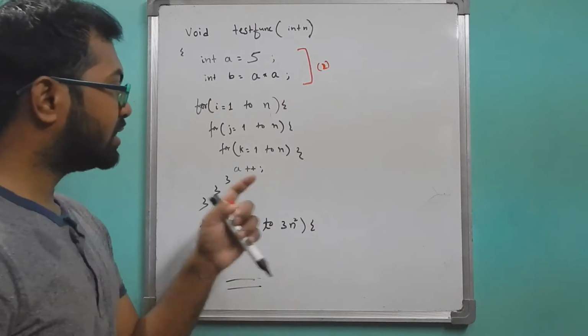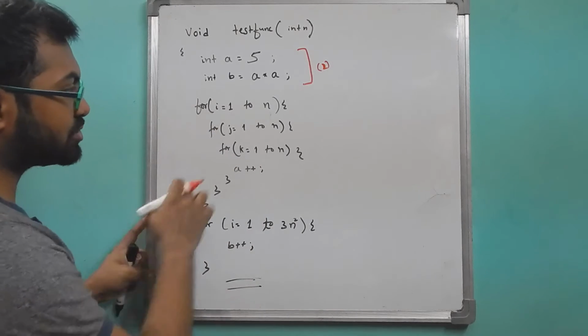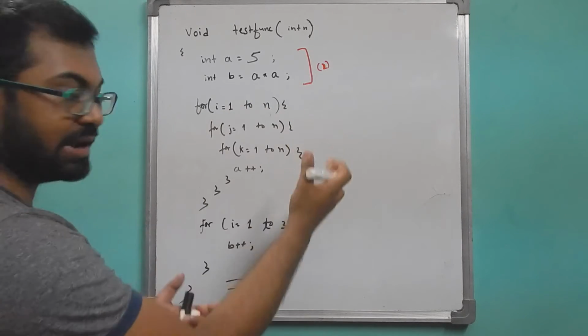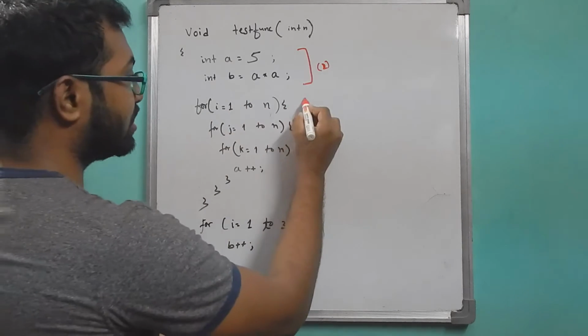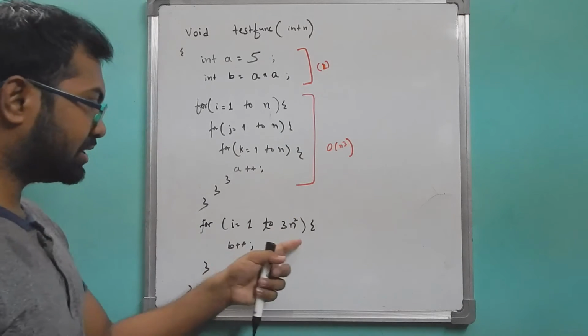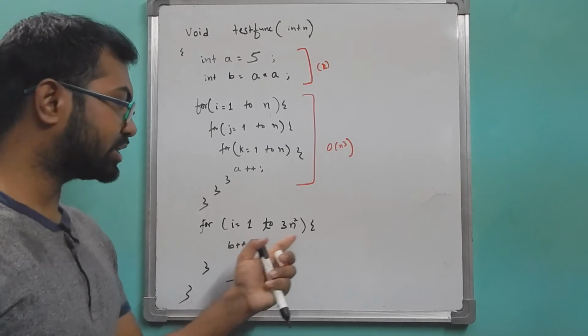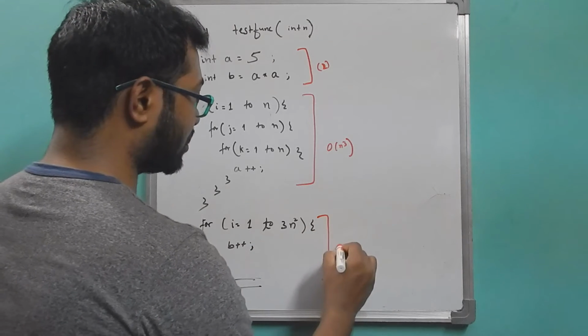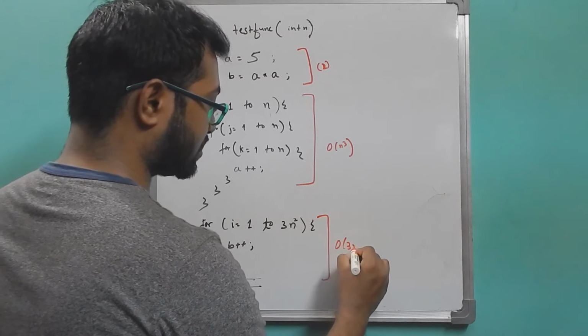Now this has 3 loops, each going from 1 to n, so this goes for n cube times. So this will have O of n cube. Similarly, this is going for i equals 1 to 3n square, so you can say this is O of 3n square.